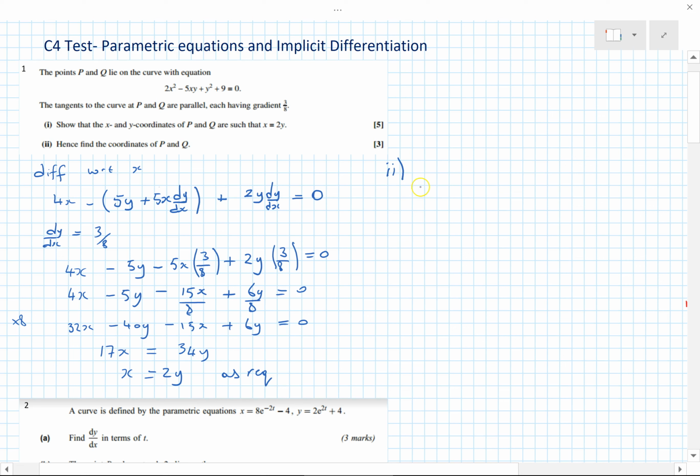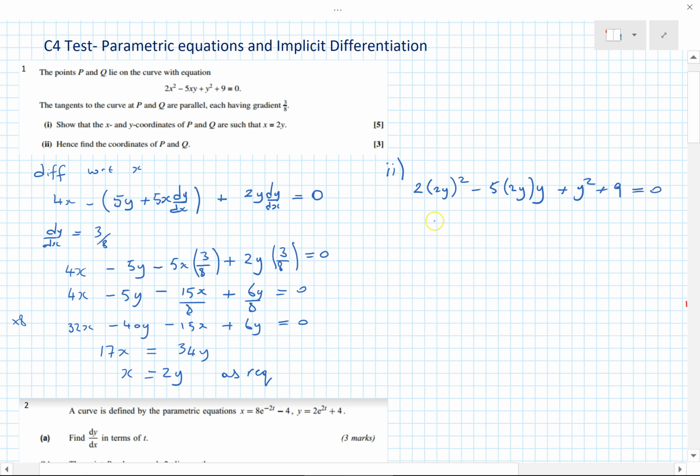So let's just do 2 times 2y squared minus 5 times 2y times y plus y squared plus 9 equals 0.